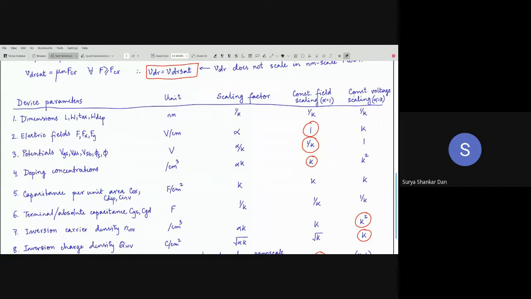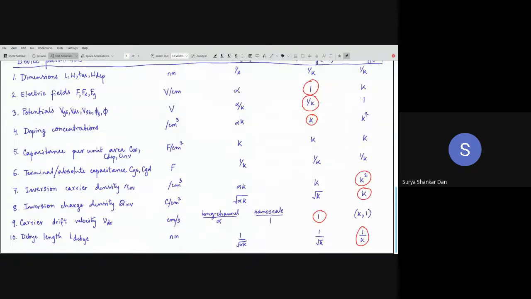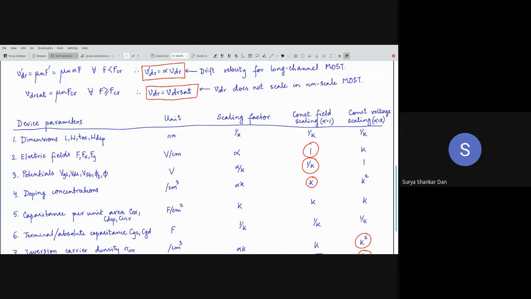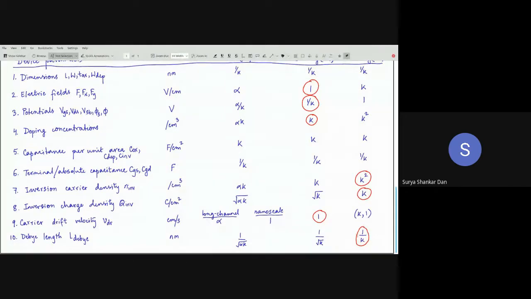So for constant voltage scaling, when alpha equals k, it simply becomes 1 upon root over k squared, that is 1 upon k. So ideally, the Debye length decreases more rapidly in constant voltage scaling, which actually is better.